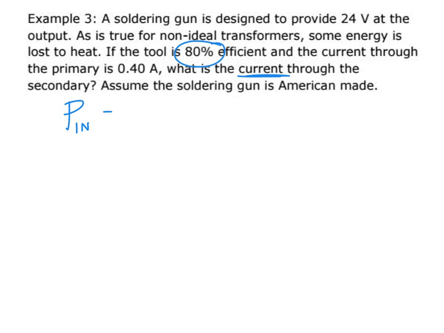So the power that's coming in, again, voltage times current, the voltage. Okay, now there is a voltage given, 24 volts, but that's the expected voltage at the output. Okay, so that's not what I'm using. But this is a tool that's going to be used in our home. It's American made.